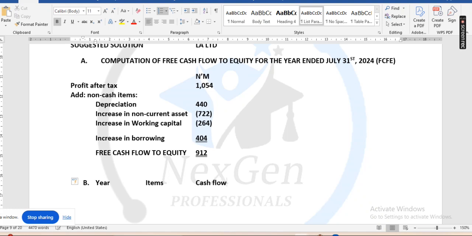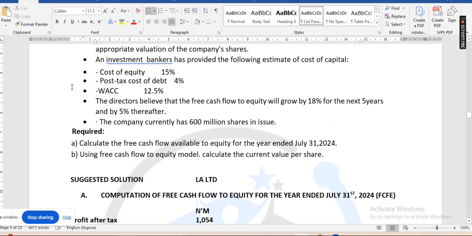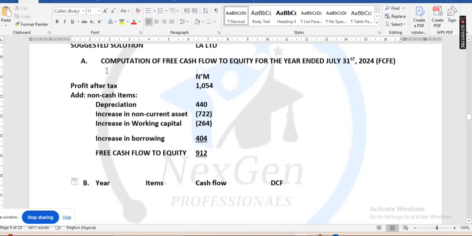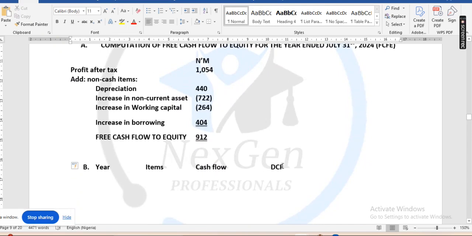Don't forget, what will you use to discount it? This is free cash flow to equity, DCF. Don't forget, for the DCF you use the cost of equity. What is the cost of equity here? It's 15%. Right? So when you are growing it, you need to get the present value as well.